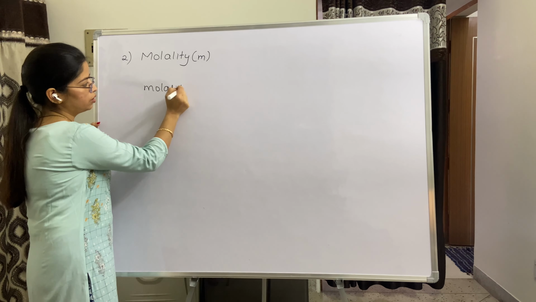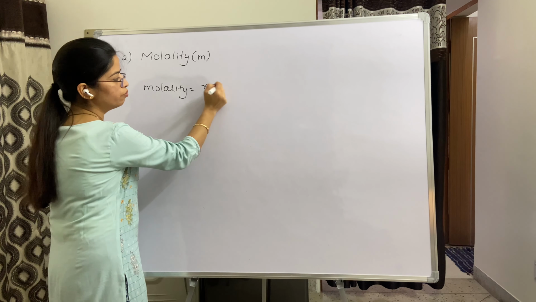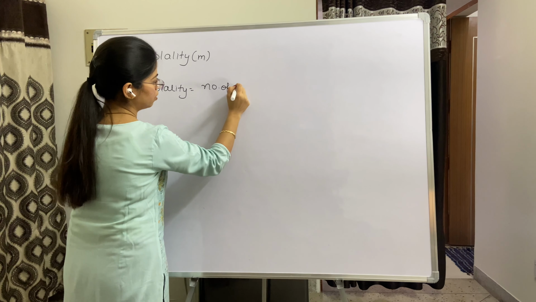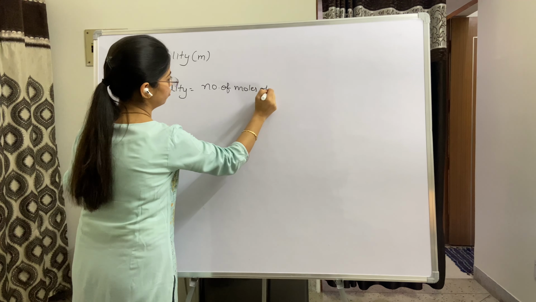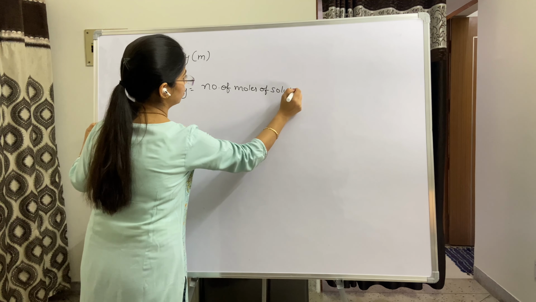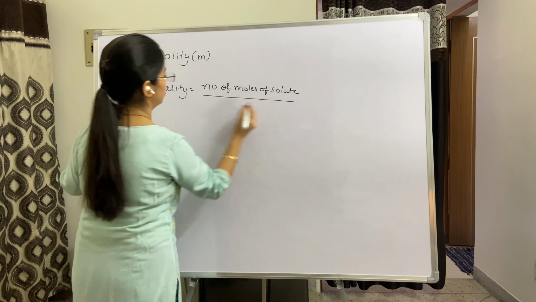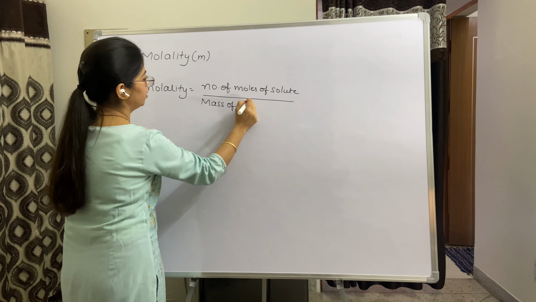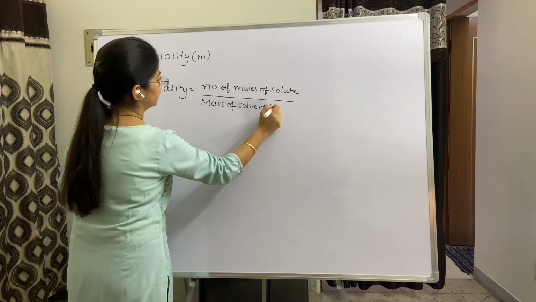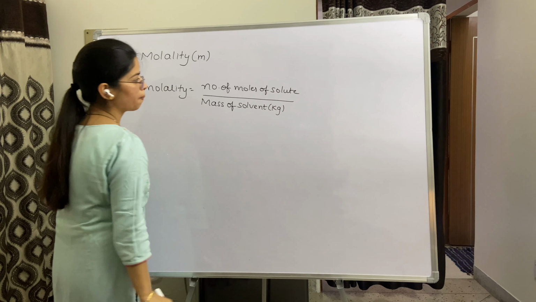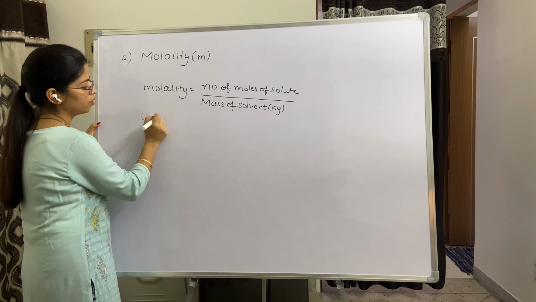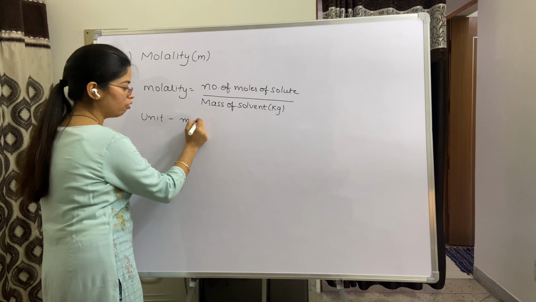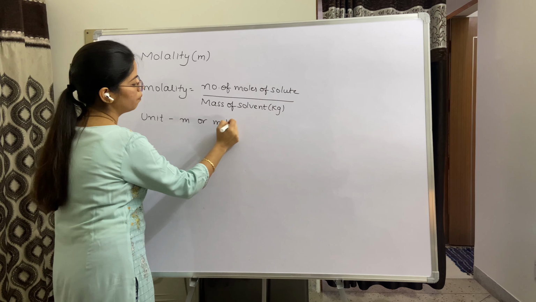The formula for the same is number of moles of solute over mass of solvent in kg. The unit of molality is either small m or mole per kg.